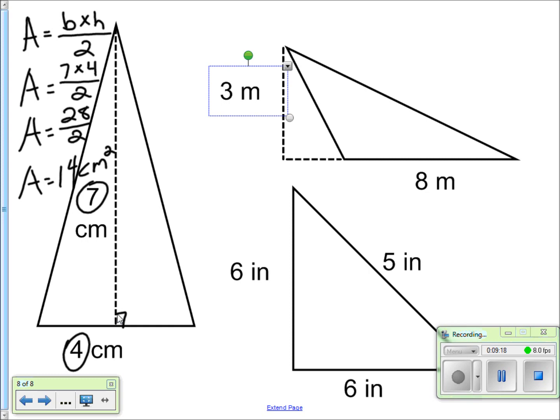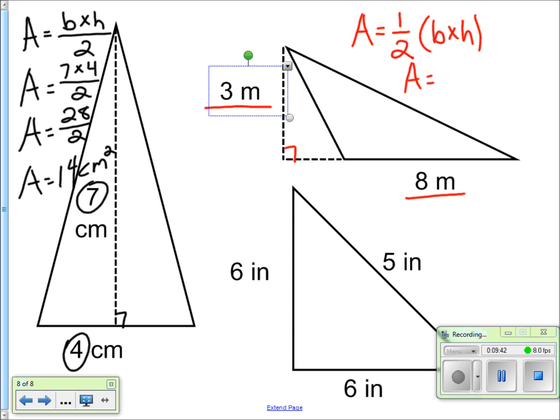Moving on to our next example. Our base is 8 meters. Our height is 3 meters. So we take those numbers and insert them into our formula. 1/2 base times height. Now, we know from the order of operations that we solve the parentheses first.